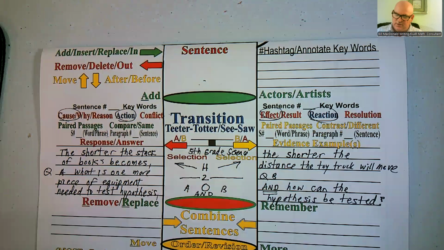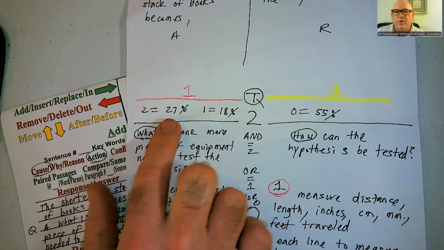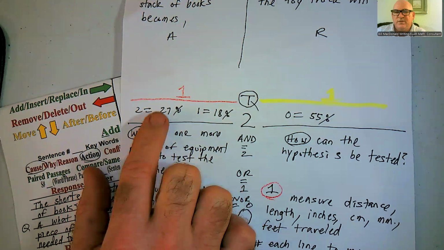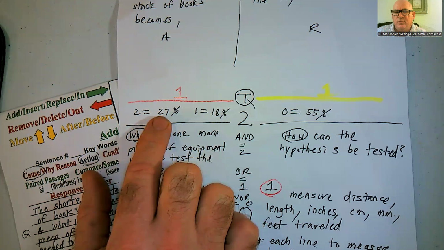Okay. And just in case some of you were not aware, this is my understanding of how the scoring went. Only 27% of the kids in Texas last year got both points. They answered both parts of the question.